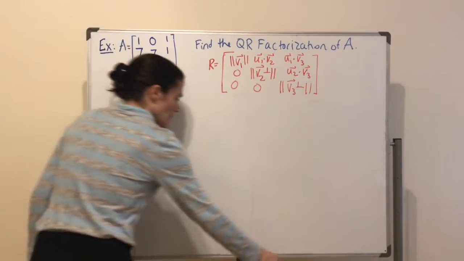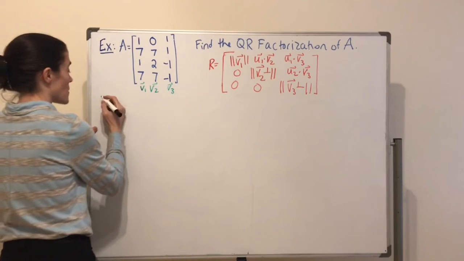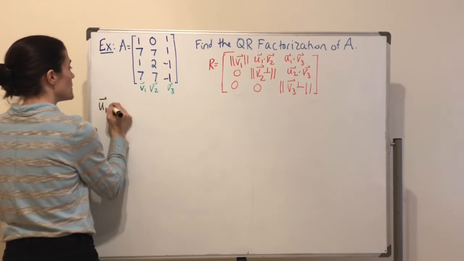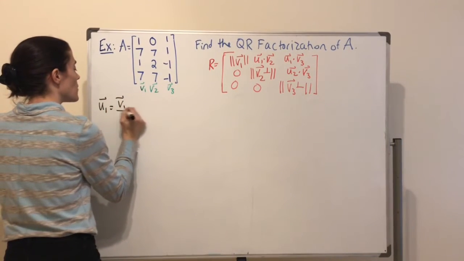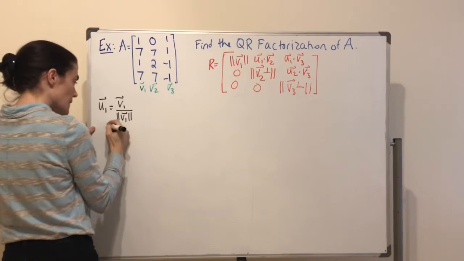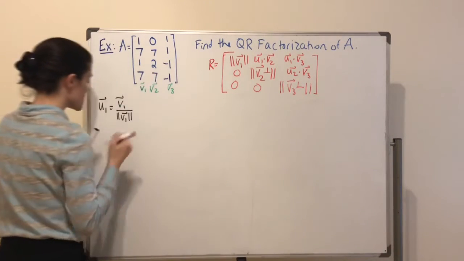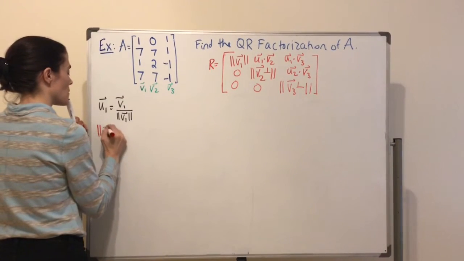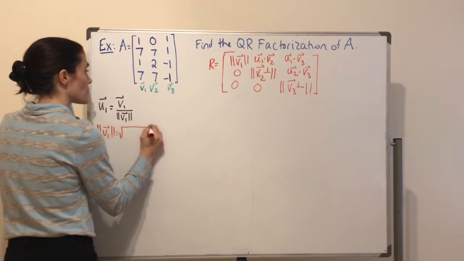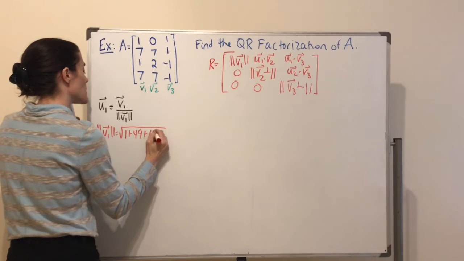Okay, well, the first one is always the easiest. U1 is V1 over its length. And here, if we calculate, maybe I'll do some things in different colors, the length of V1 is the square root of 1 plus 49 plus 1 plus 49.